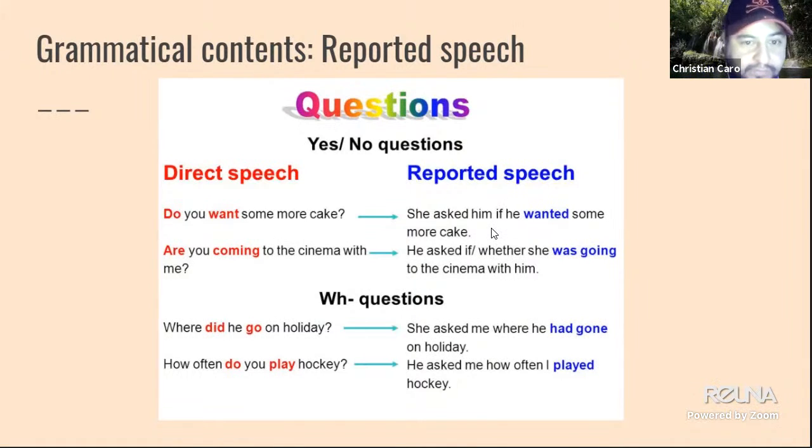Este es el linker, in this case, el connector, to join two clauses o two sentences. La primera, que es la main clause, que sería she asked him or he asked, en este caso. Y después unimos esa oración con la siguiente, que es la subordinate clause, o la cláusula o oración subordinada a la primera. Yeah, he wanted some more cake. Or she was going to the cinema with him, right?